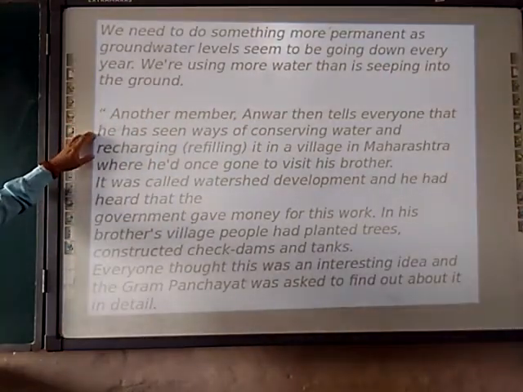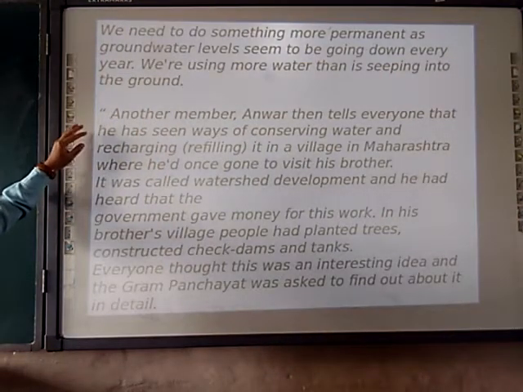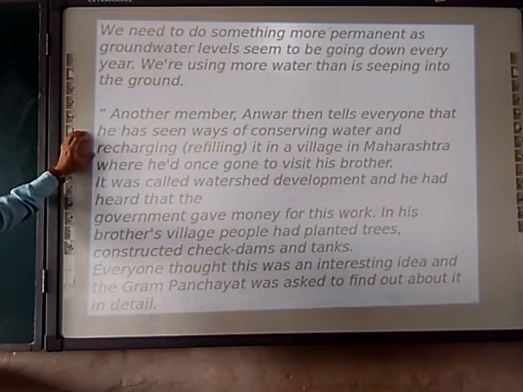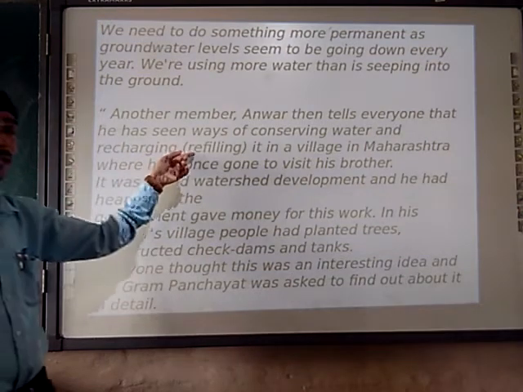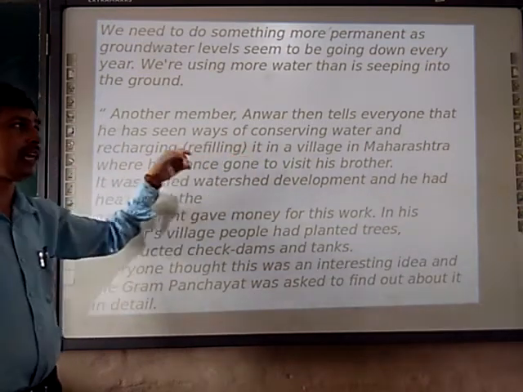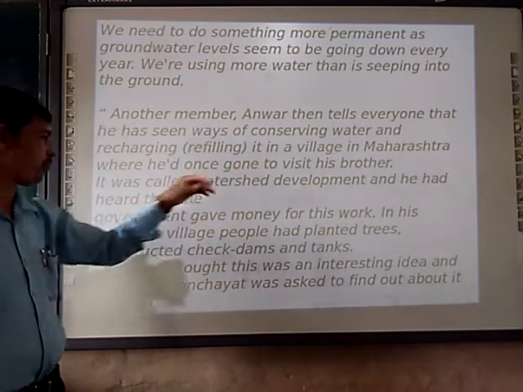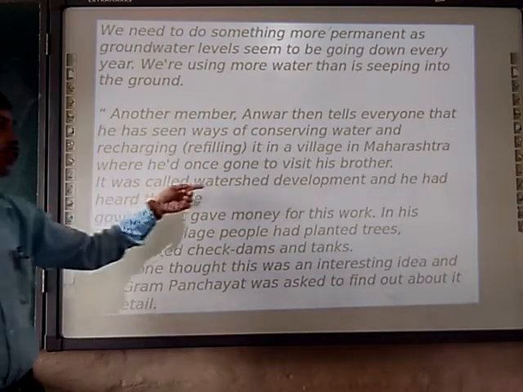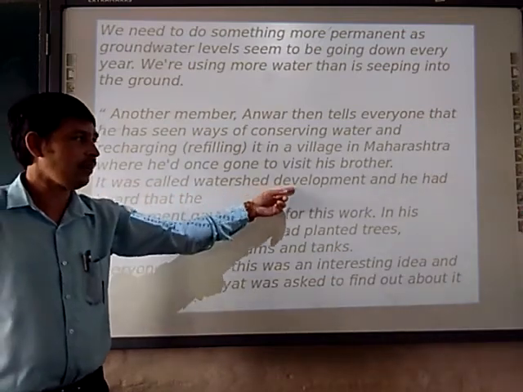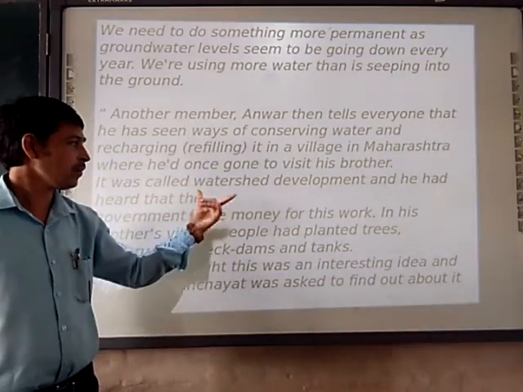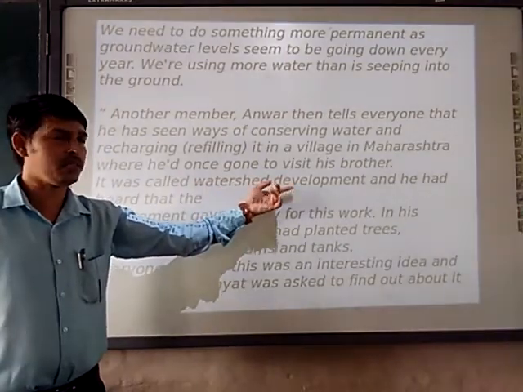Then he tells everyone that he has seen ways of conserving water and recharging, that means refilling it, in a village in Maharashtra, where he had once gone to visit his brother. It was called watershed development.